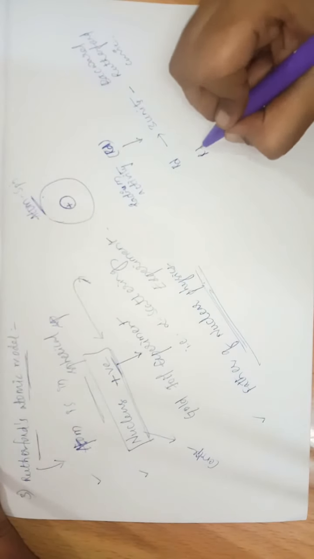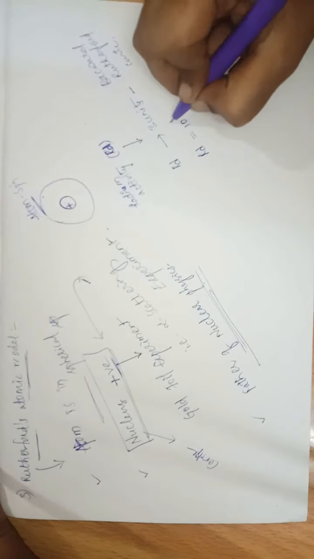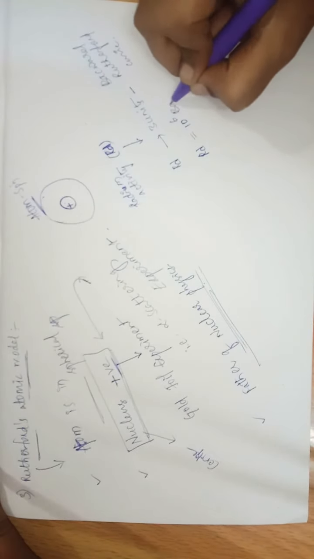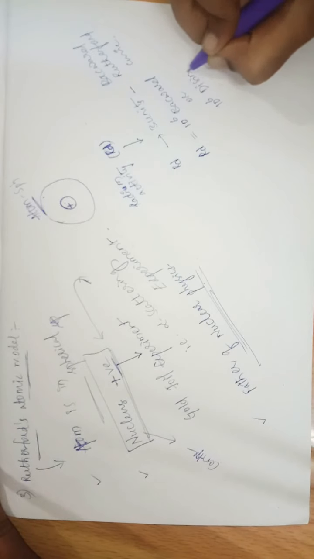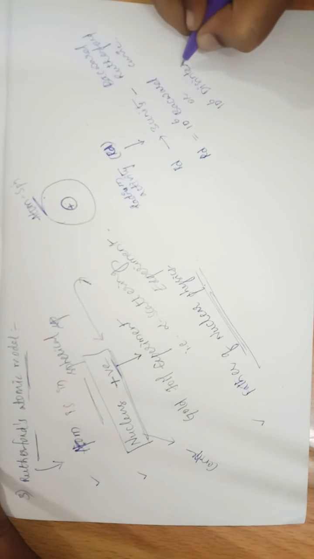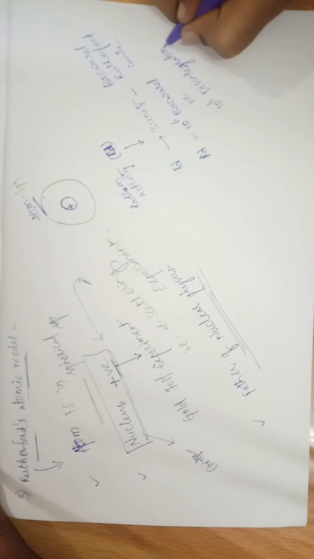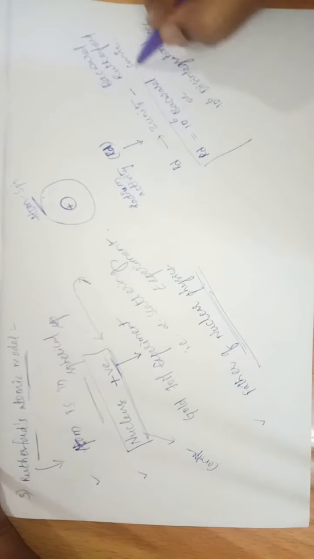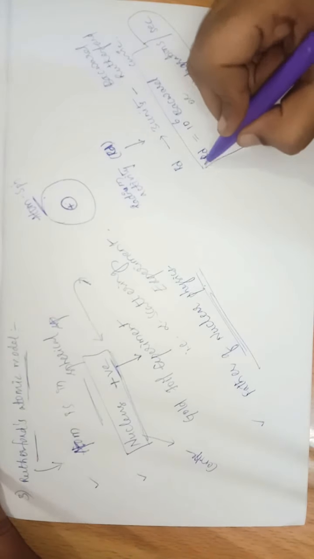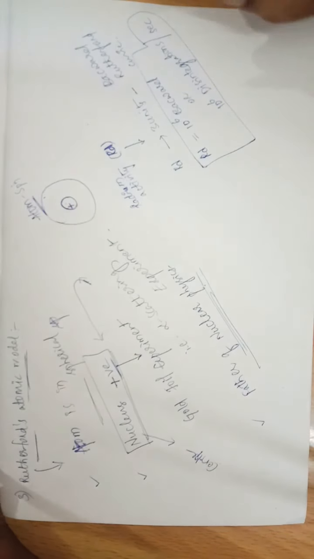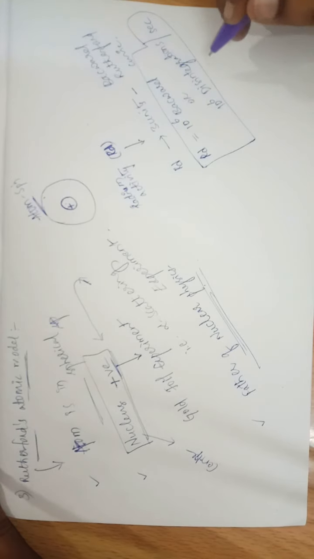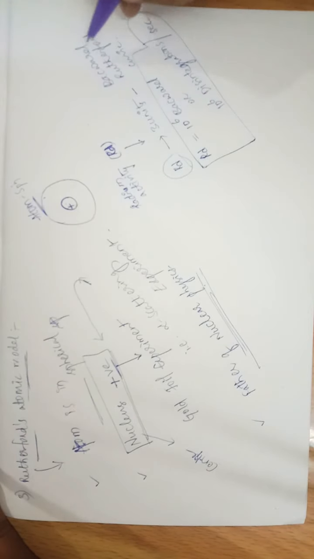RD is equal to 10 to the power of 6 Becquerel, or 10 to the power of 6 disintegrations per second.